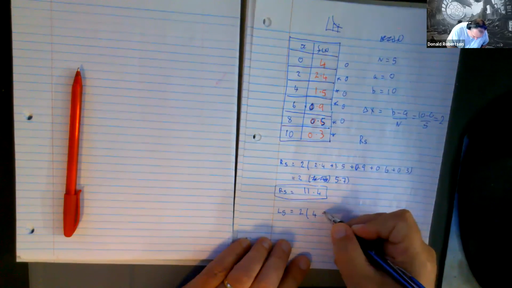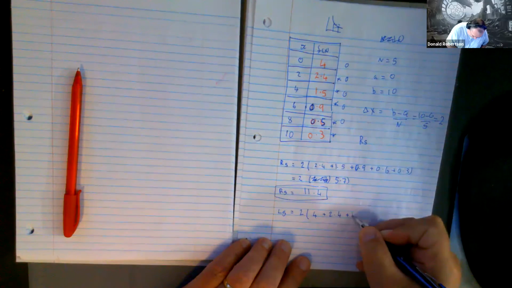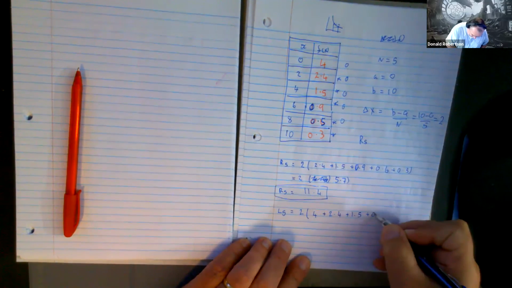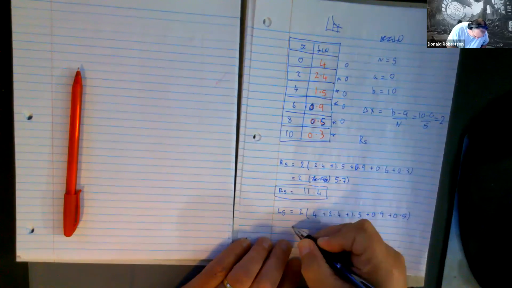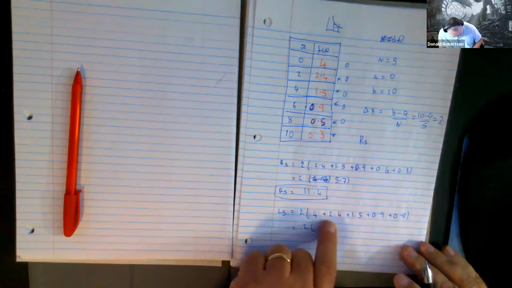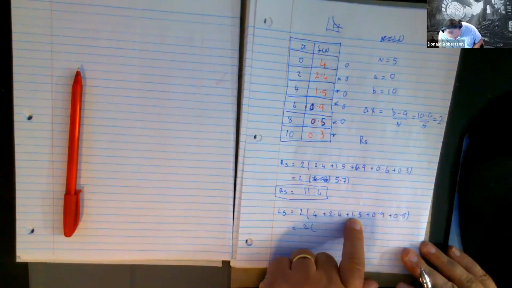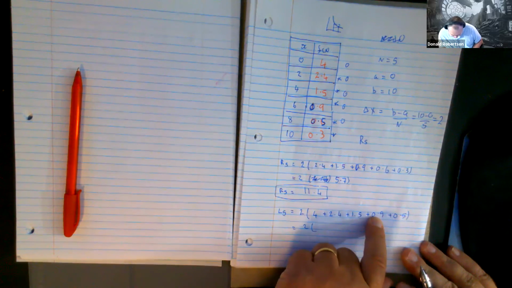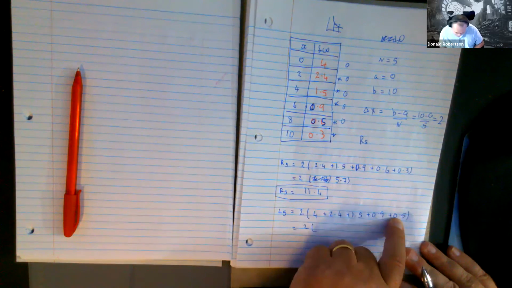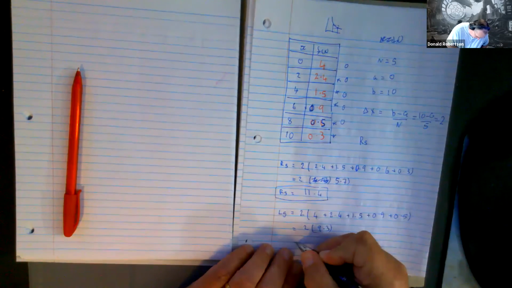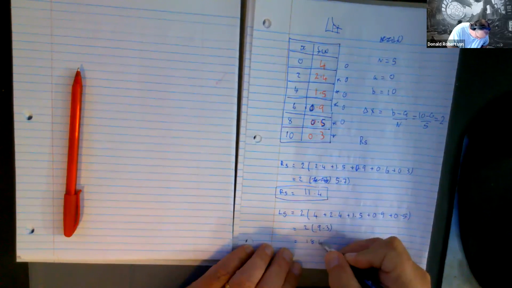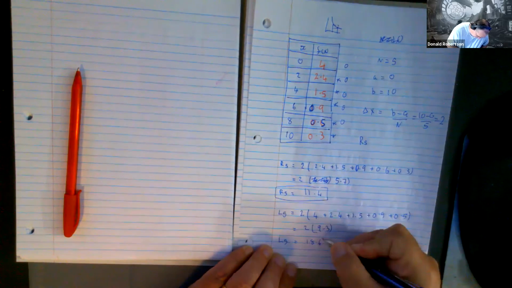I'll do it from scratch. 2 times 4, add 2.4, add 1.5, add 0.9, and finish with 0.5. So that's going to be 2 lots of 6.4, 7.4, 7.9, 8.8, 9.3. And that gets me 18.6.